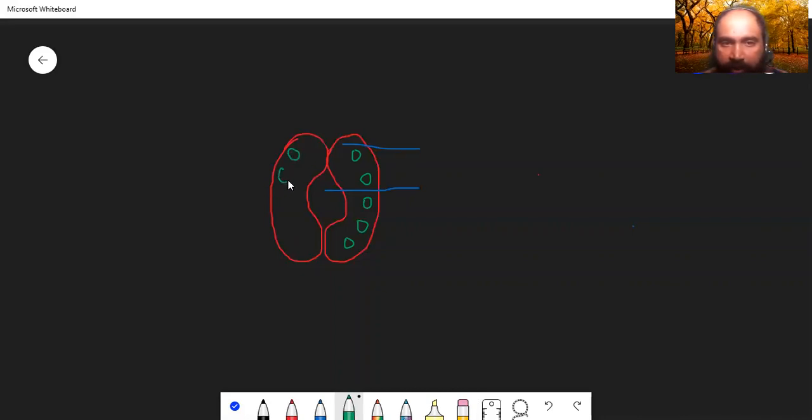I'm not using any digital pad here, so try to understand my difficulty in drawing this. These green color things are nothing but chloroplast.